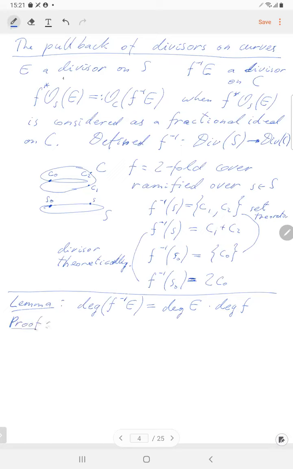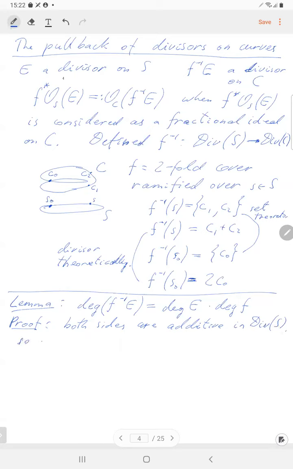Both sides are additive in the divisors on the base.